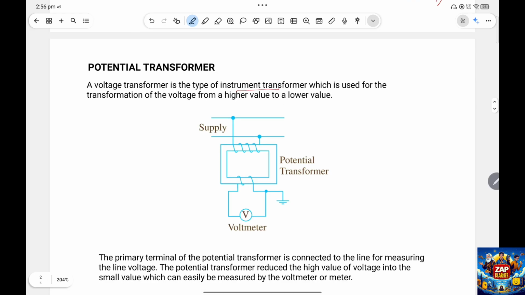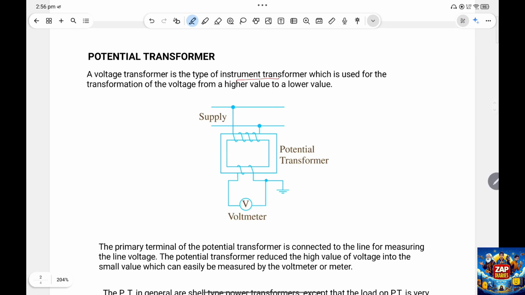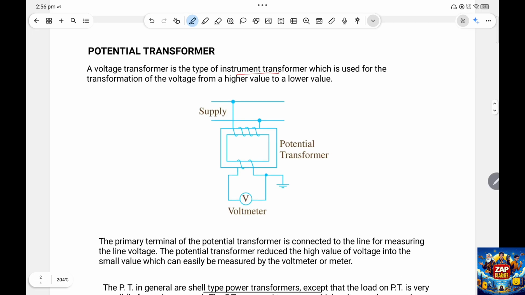So here I have the line diagram, the symbolic representation of a PT. You see, this is the supply, and the PT structure is the same as our basic transformers. It has two windings, the primary one, the larger winding, and it of course is step down.